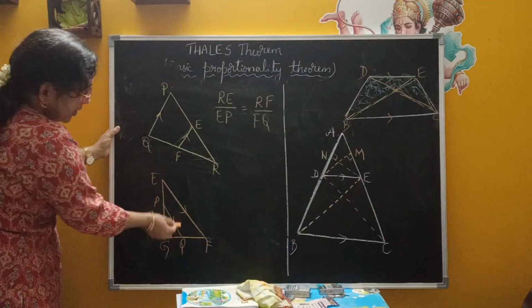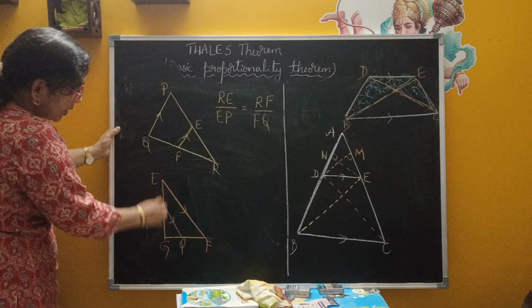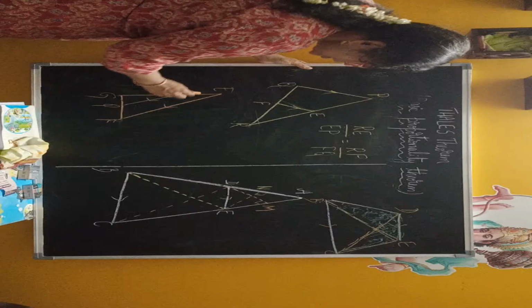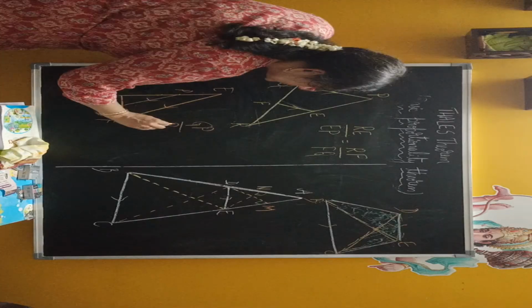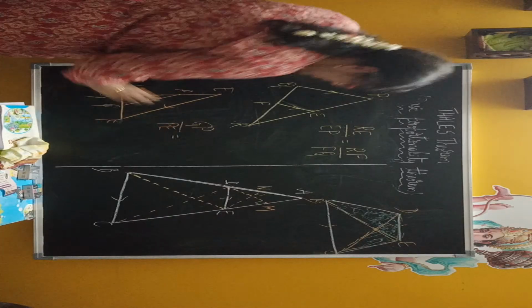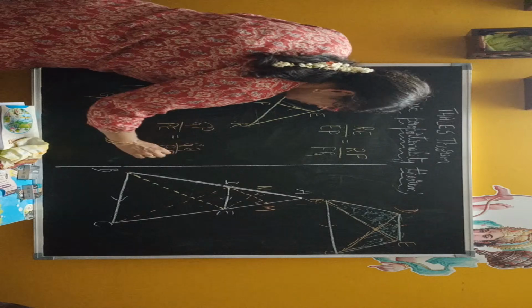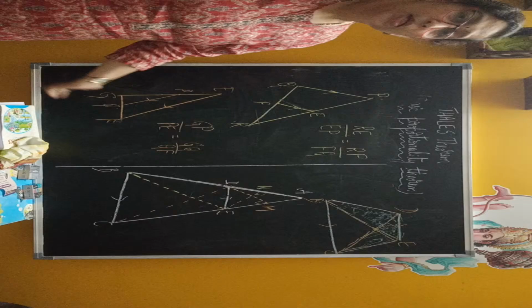Here PQ is parallel to EF. So GP by PE, or EP, is equal to GQ by FQ. This is the way you can understand Thales theorem.